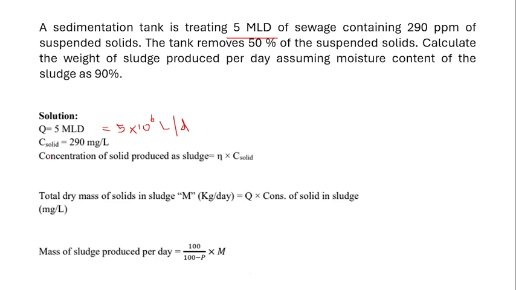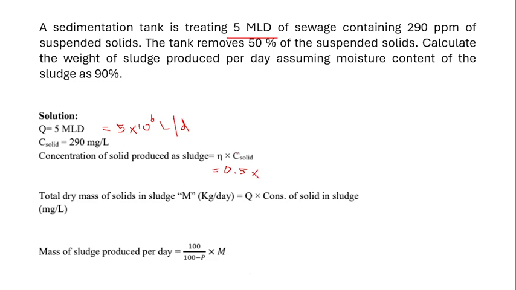Okay. Now the concentration of solids produced as the sludge. So 50 percent is produced as the sludge; 50 percent is the removal efficiency they have given. So we should find the concentration which is produced as the sludge. For that we have to multiply by the efficiency, 50 percent, which is nothing but 0.5, since 50 by 100 is 0.5.